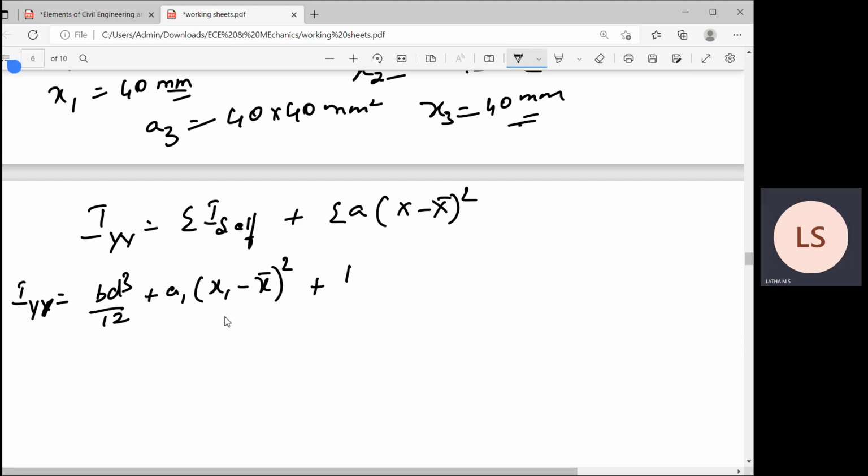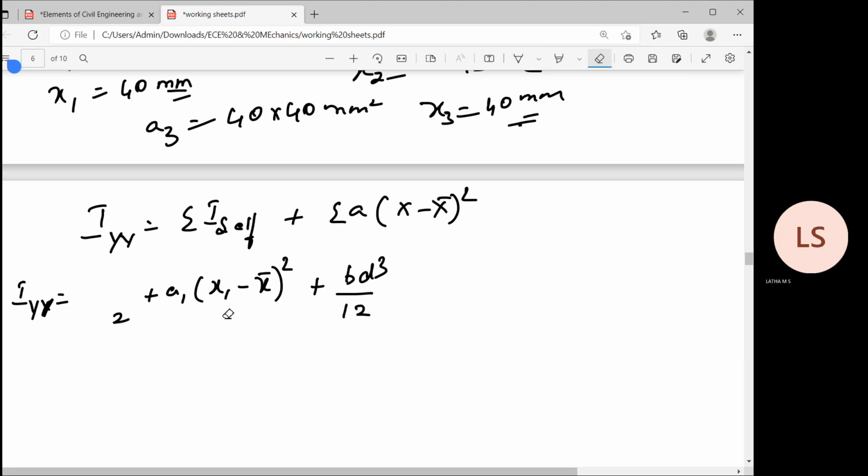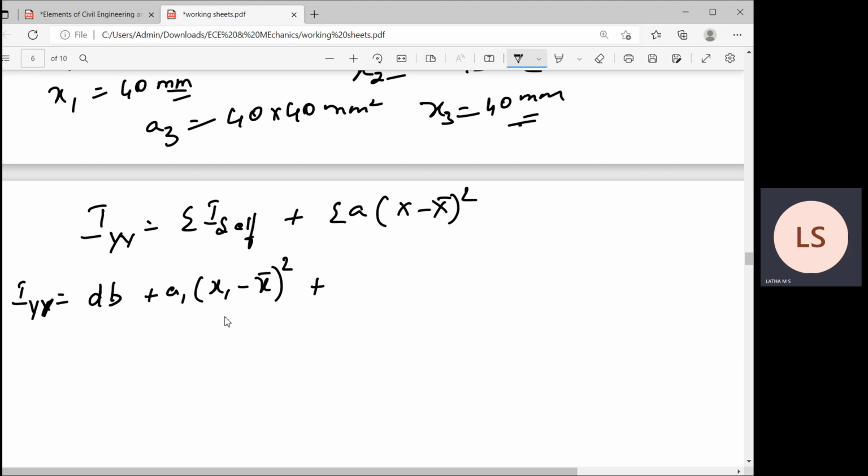Sorry, I was taking BD cube, I'm very sorry. Because we are calculating for Iyy, it is dB cube by 12.